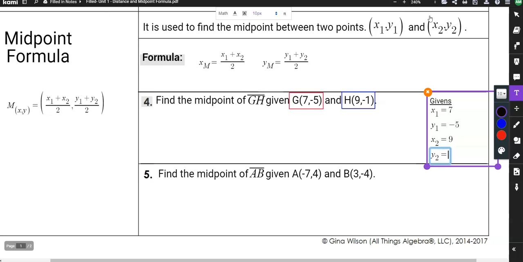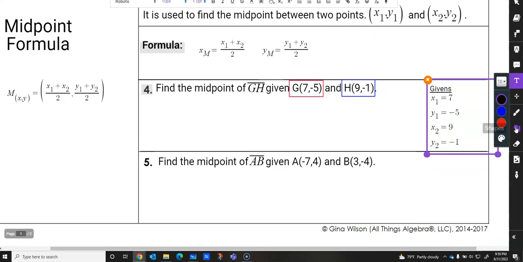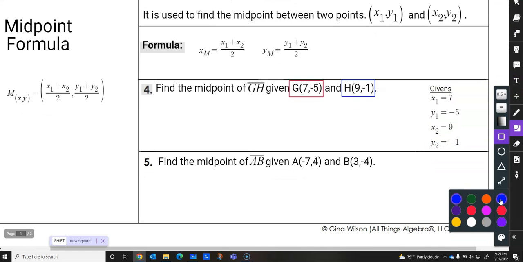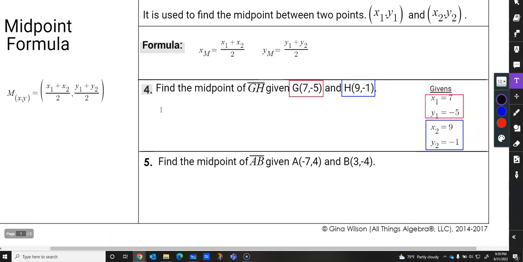So this is our list. I'm going to go ahead and color code. So again, my point 2's and my point number 1 are formulas, and I'm just going to do 2 of them separately.